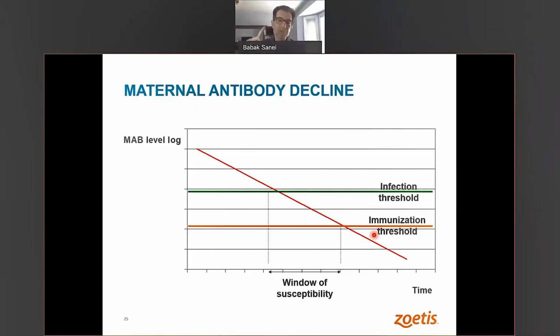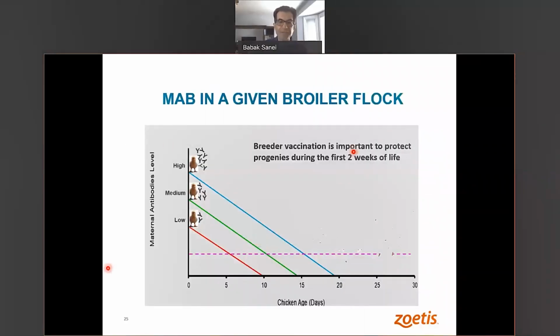You are exposed after that when the maternal antibodies get to a lower level down here. That's the immunization threshold. In a given flock, you have different birds with different levels, depending on how many sources of breeder flock are providing your broilers in that barn, 1, 2, 3. Then you have different levels of maternal antibodies there.